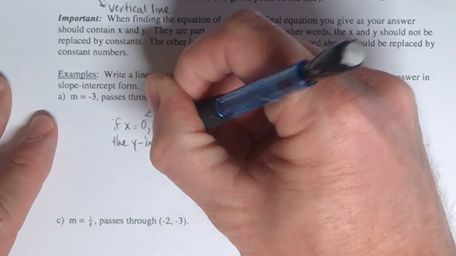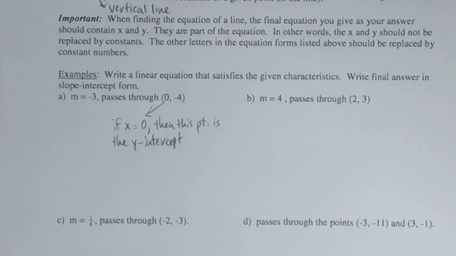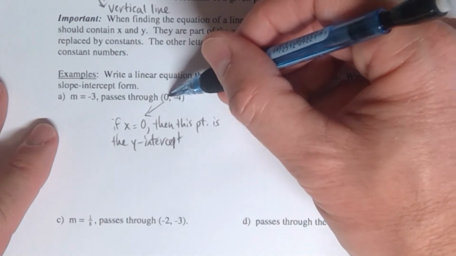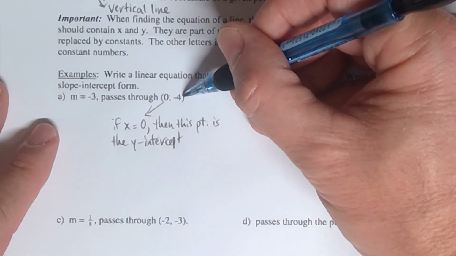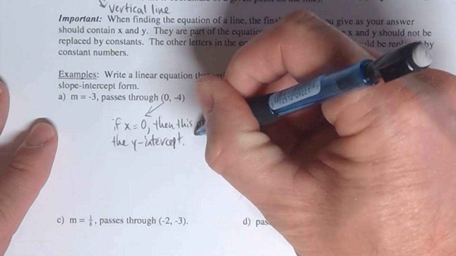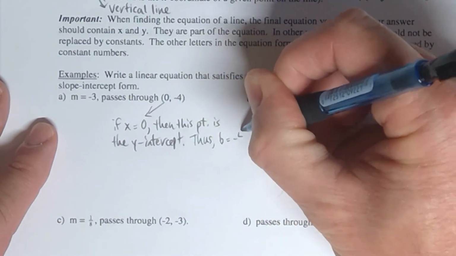Whenever the x is 0, it's the y-intercept. And so what is the b then? Whenever you have x equal to 0, the y number that pairs up with it is always the b. So thus, b is equal to -4 automatically.